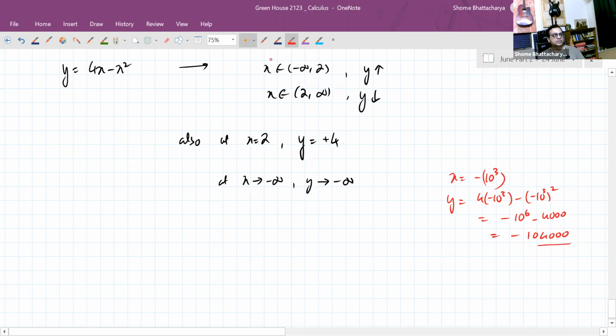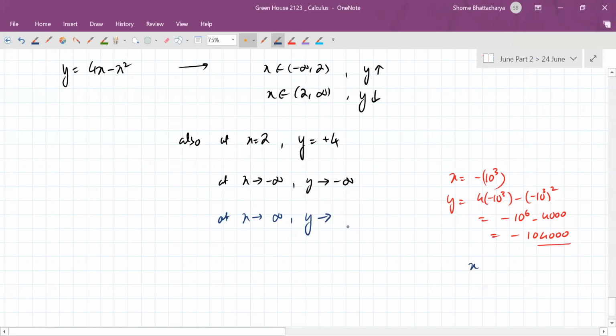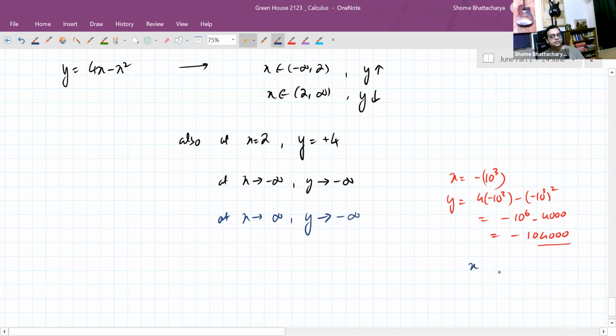But similarly, if you analyze at x tending to infinity, what is the value of y? Can you tell me? It tends to minus infinity, again minus infinity only. Like take the value of x like 10 raised to the power 4, for example. So y will become 4 times 10 raised to the power 4, but minus 10 raised to the power 4 squared.